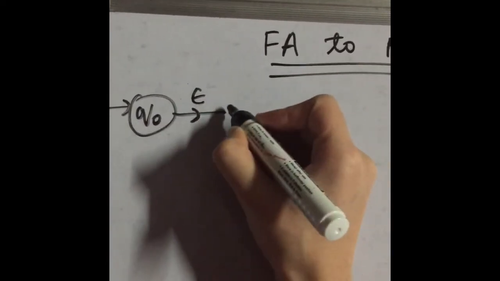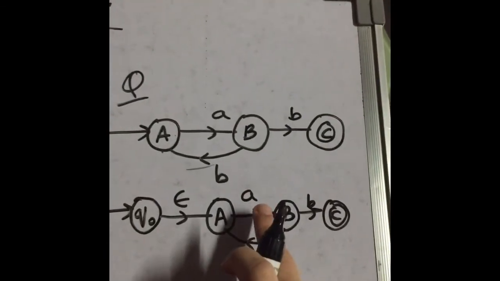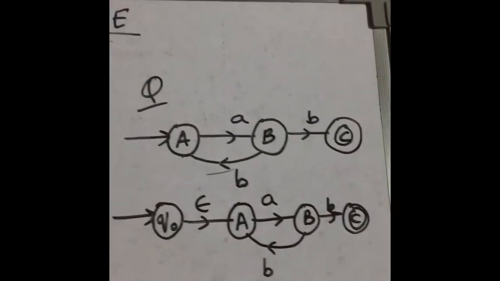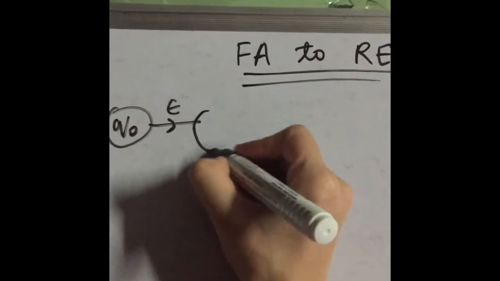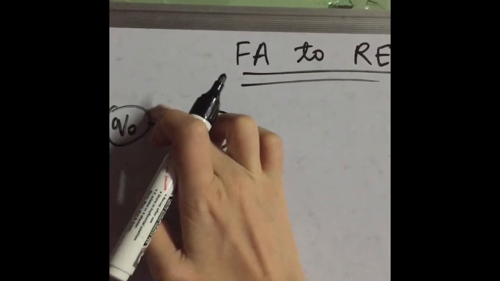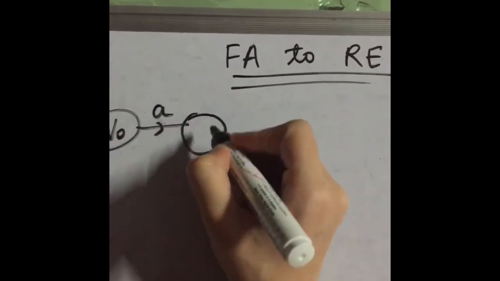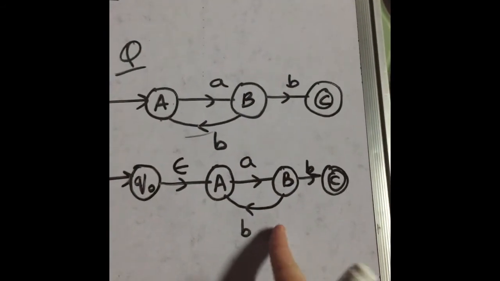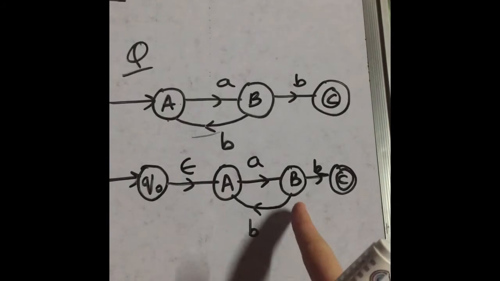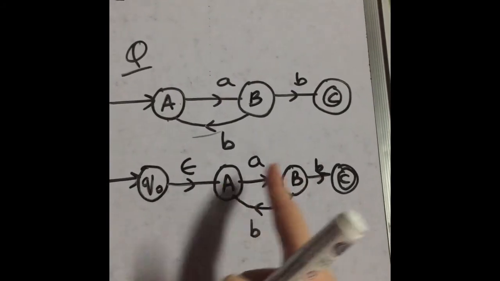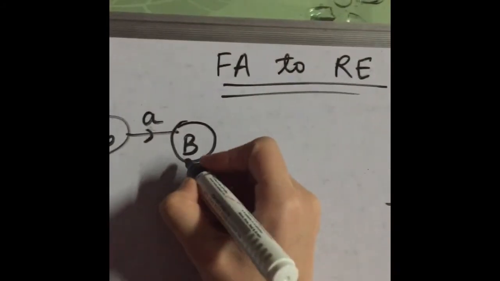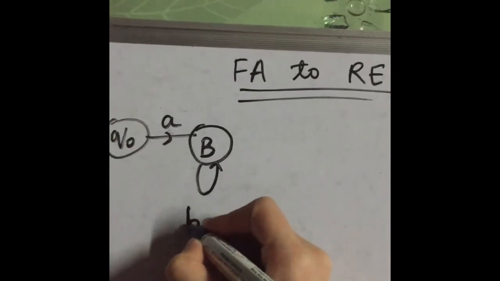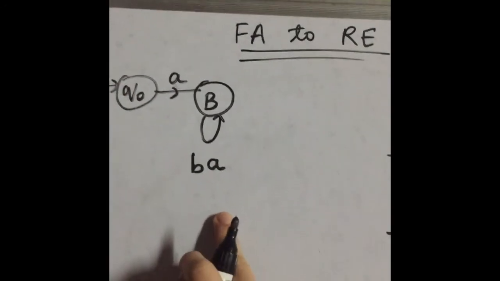This is a null transition and I want to remove A. So null dot A is nothing but A. So to B, there is null dot A from Q0, which is A. And there is another transition which is a loop from B to A, which is B A. So there is a loop on B, that is B A, right?